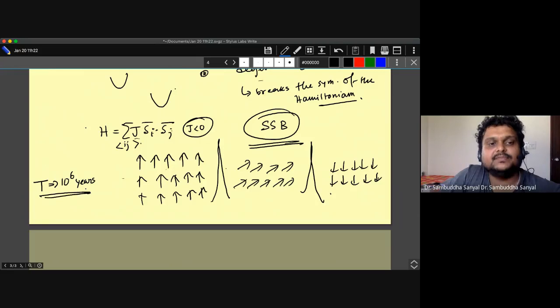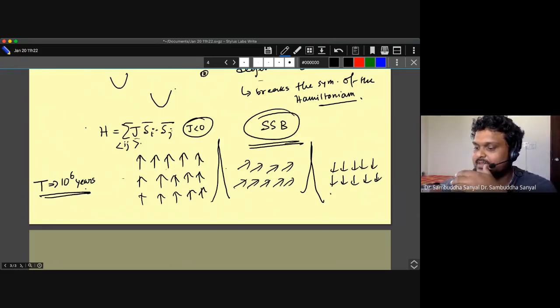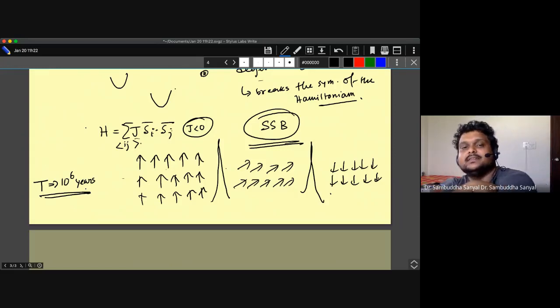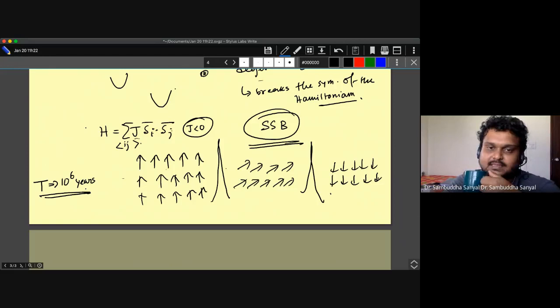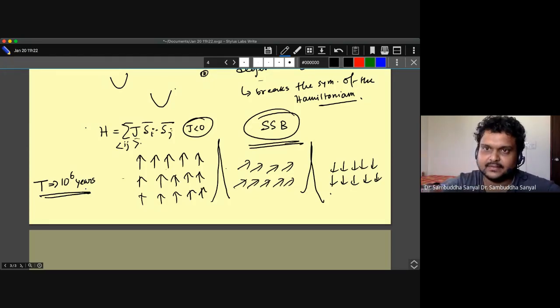So if you find a molecule in the R state, it is likely to remain in that state always, which is another common example of spontaneous symmetry breaking. There are more and more fancy examples of these in the standard model of particle physics or in various complicated examples of condensed matter physics.